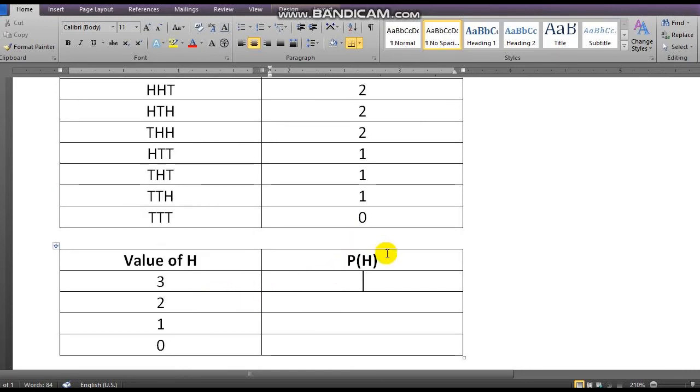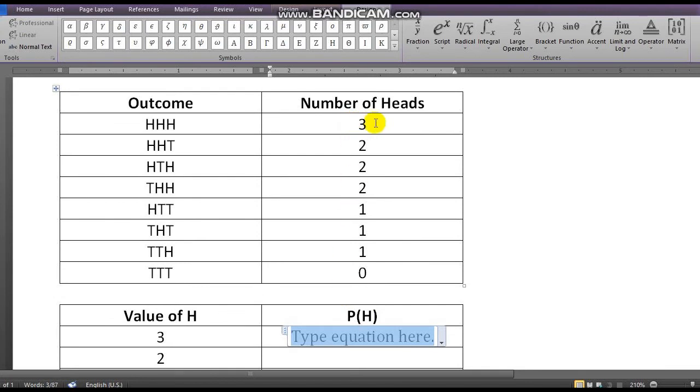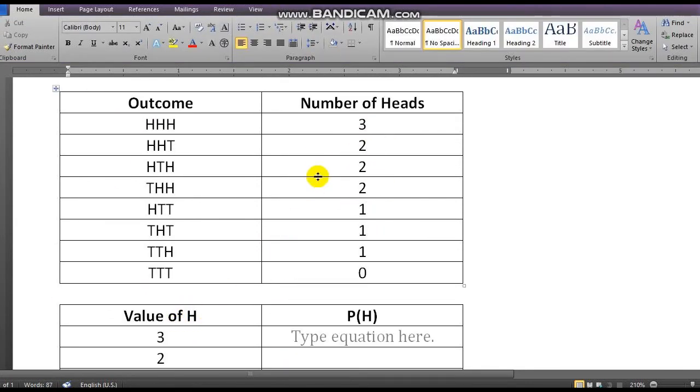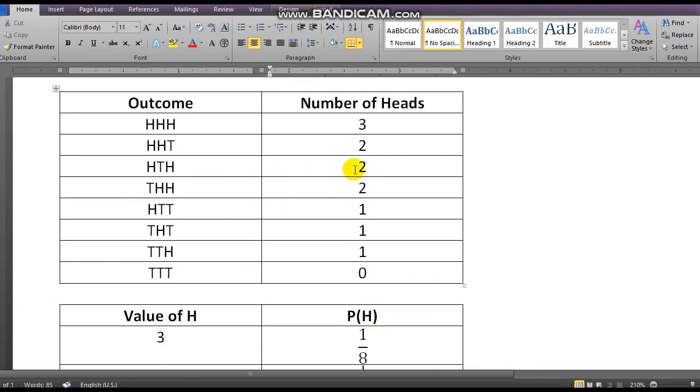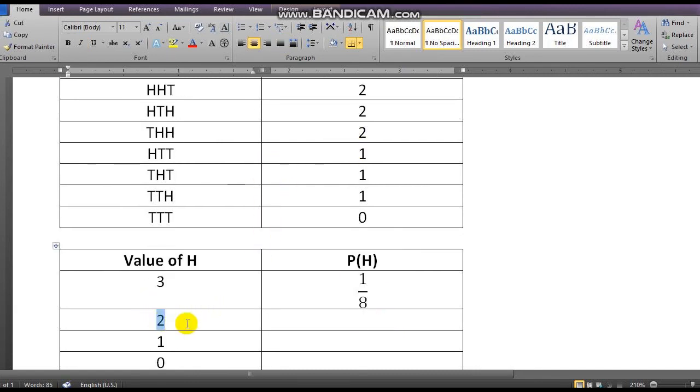Now, in computing for the probability, we're going to check out the first table that we did here. First, let's take a look at the number of heads. This is 3, and there are 8 possible outcomes. So out of 8 possible outcomes, there's only one time that 3 heads will appear. So the probability that 3 will appear is 1 over 8. That's P of h. Second, we have the value of h as 2.